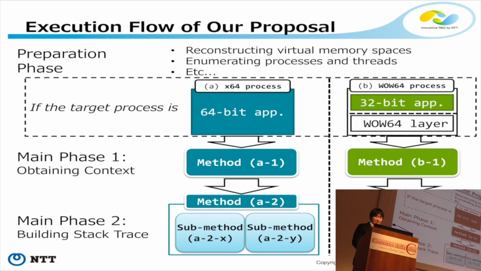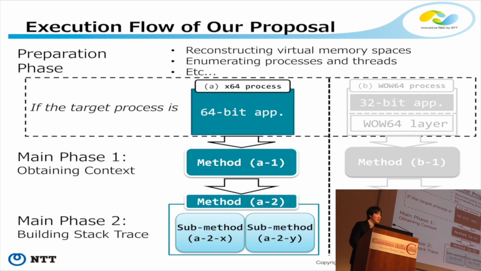In the main phase, our method obtains the user context of the target thread, and then starts building stack traces. First, I'll introduce the detail of our method for x64 processes.